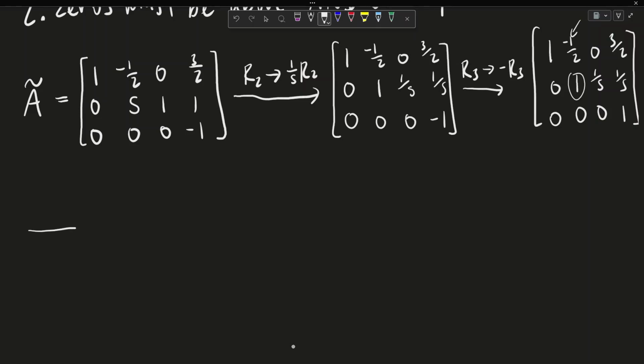This transformation will look like row 1 being converted to row 1 plus 1/2 row 2, which will look like 1, 0, and then 1/2 divided by 2, so 1/10, and then 1/10 plus 3/2. The second and third rows remain unchanged.